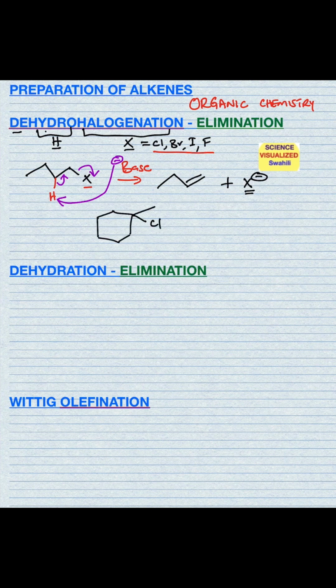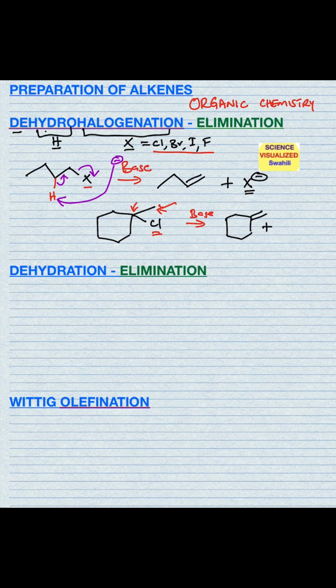So in this case, the carbon with the halogen is this carbon here, and the halogen is a chlorine, and therefore you have various possibilities. You could have hydrogen on this carbon here leaving. So when you react that with a base, it could pull hydrogen from this carbon, and therefore you end up with this alkene, the double bond between the carbon with the chlorine and the carbon where the hydrogen left.